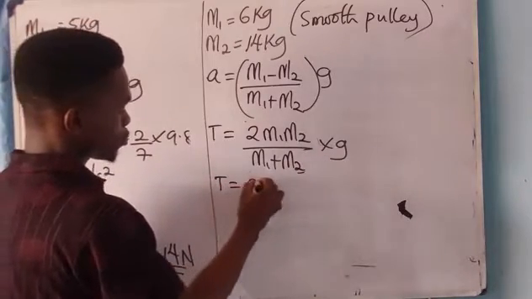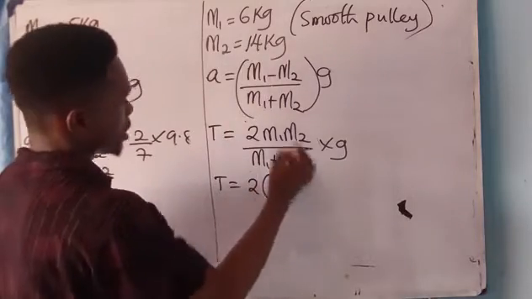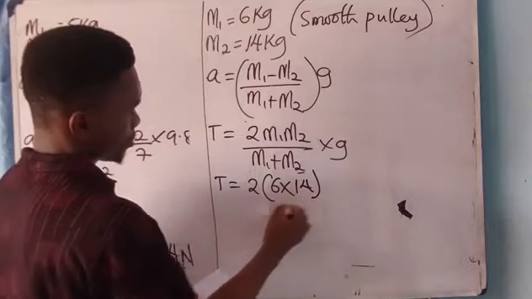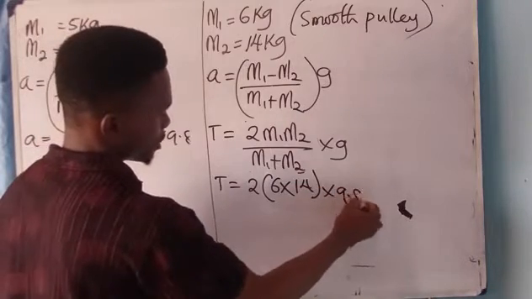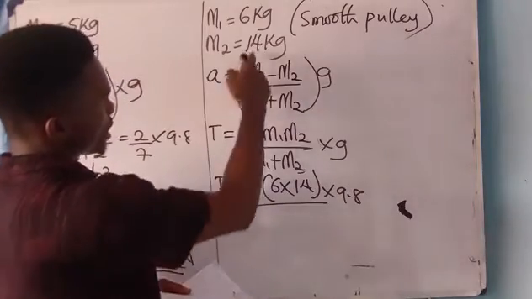Okay, so I have tension now equals 2 open brackets, m1 is 6, m2 is 14, then times 9.8 over m1 plus m2, I think I have 20.